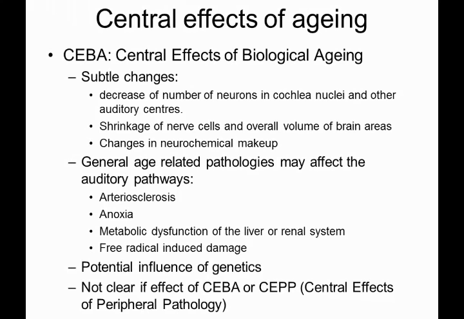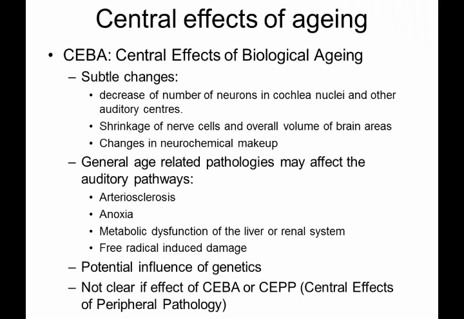That all has an impact. There is also a potential genetical impact. That's quite obvious actually. Hearing loss does run genetically in families, that's well known. But it's not clear if the overall effects of aging on hearing are an effect of central effects or of peripheral pathology. I have a mixture of here.